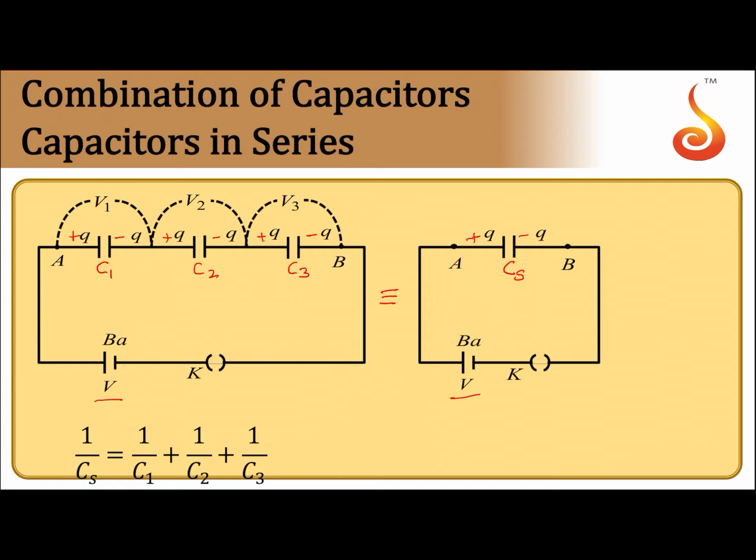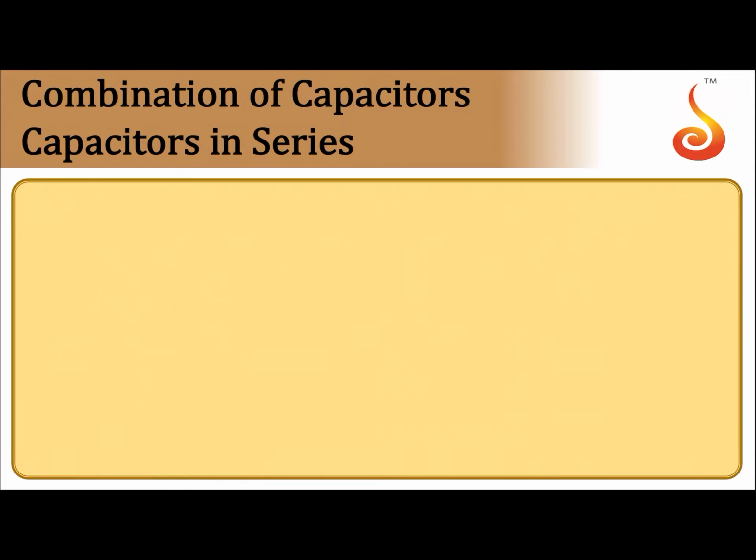Now the potential difference between these two points A and B should be the sum of the potential differences across all three capacitors. So the first step here will be V is equal to V1 plus V2 plus V3. This is from the law of conservation of energy.